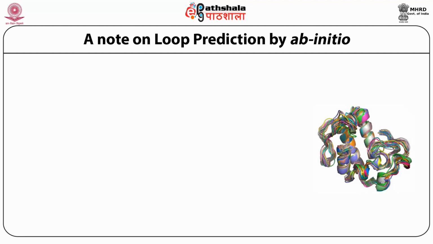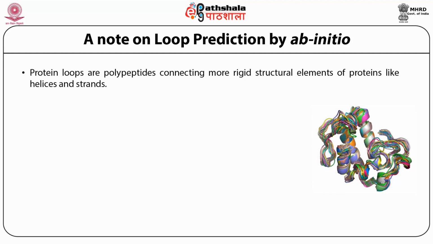Loop prediction by ab initio method. Loops are secondary structural elements that are flexible and connect rigid structural elements like helices and strands. Predicting the loop conformation is very challenging using any method of protein structure prediction.